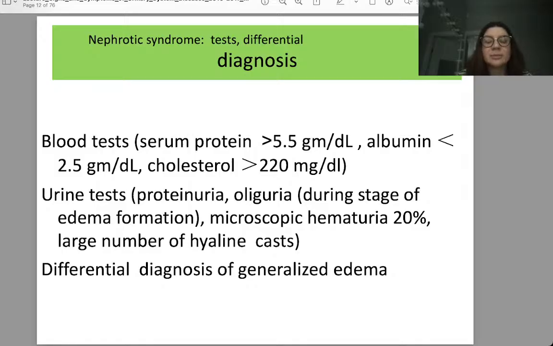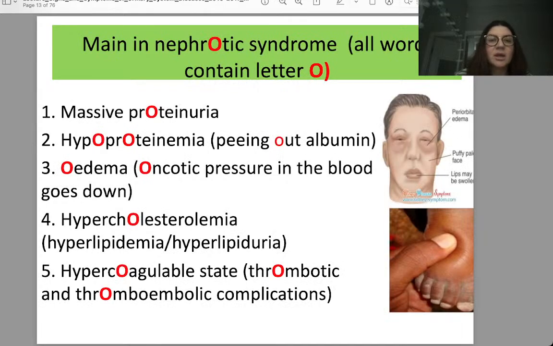It demands the differential diagnostics of generalized edema. The main criteria of nephrotic syndrome altogether we can include in one classification, and all words here contain the letter O. It is massive proteinuria, it is hypoproteinemia, peeling out albumin first of all.